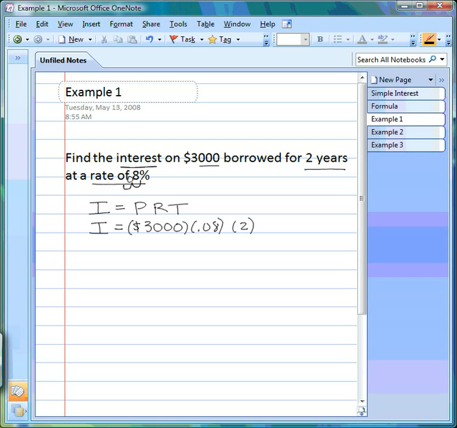So you'd have to put a 0 in front of it. And then we multiply it out to find our answer. Our interest is $480. This is the first type of problem.